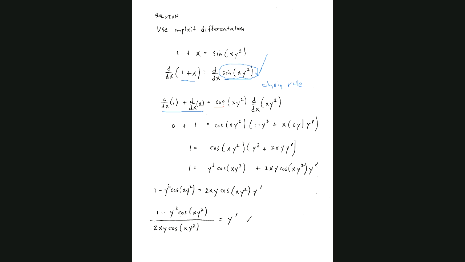And then I need to take the derivative of the inner function. That's the xy squared. But you notice I don't do it all at once. Because, you know, you can easily make a mistake if you try to do all the work at once.